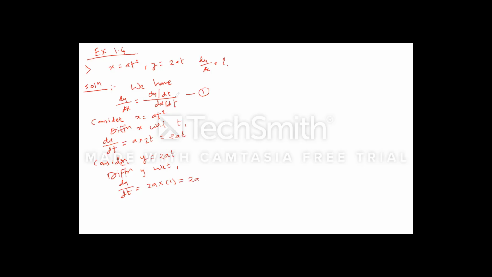So using the result from equation 1, what is dy by dx? dy by dt upon dx by dt. The value of dy by dt is 2a. The value of dx by dt is 2at. Here 2a cancels. The remaining term is 1 by t, and this is our required answer.